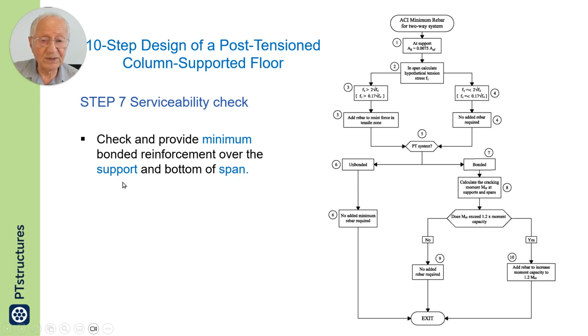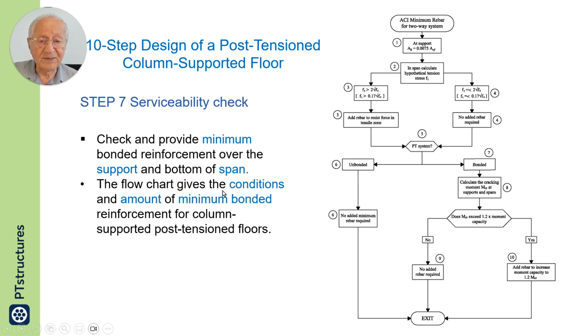So we check over the support and its requirement in the span. This is the flow chart that you start from here. If you are unbonded, you go here. If you use bonded, you go here. And each of these circles refer to the detailed description, which is in the book at the end of this presentation.